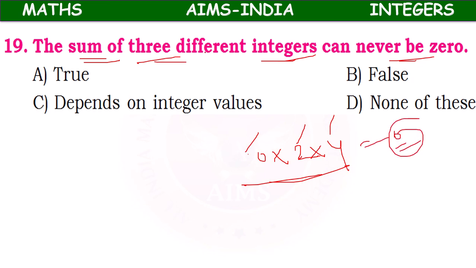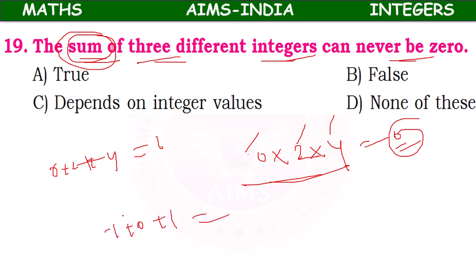Sorry children, not multiplication. They are asking sum. Sum means 0 plus 2 plus 4, equal to 6. But they are telling can never be 0. If you take minus 1 plus 0 plus 1, what will be their sum?